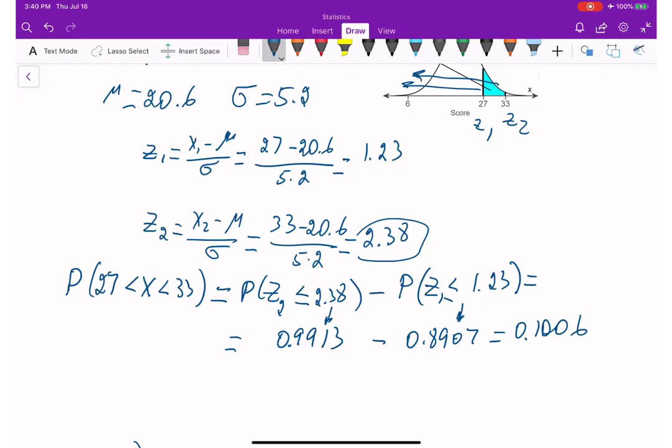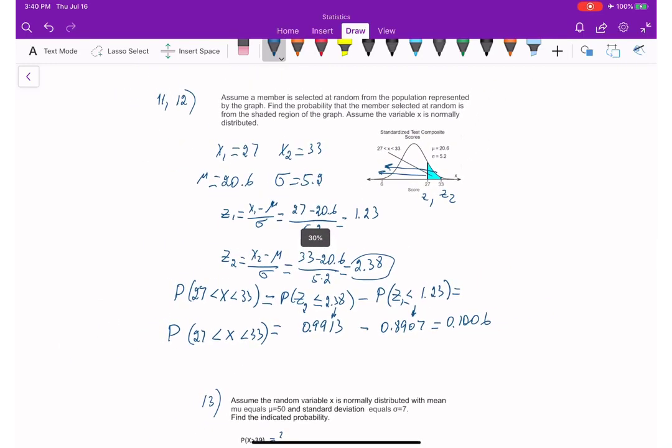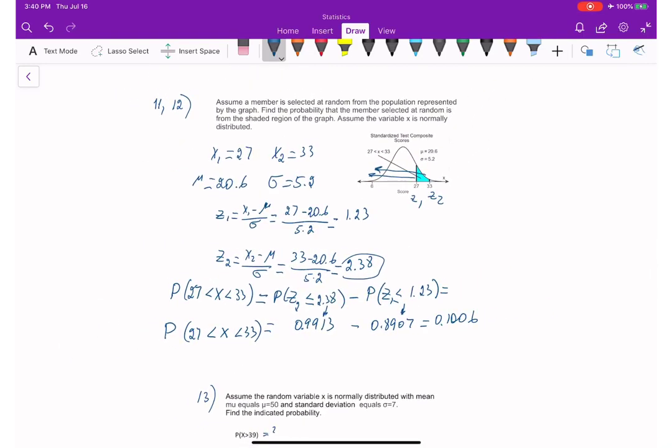So this is practically x greater than 27, less than 33, put parentheses, here is the probability. And we got the answer. So, okay. Moving to next question.